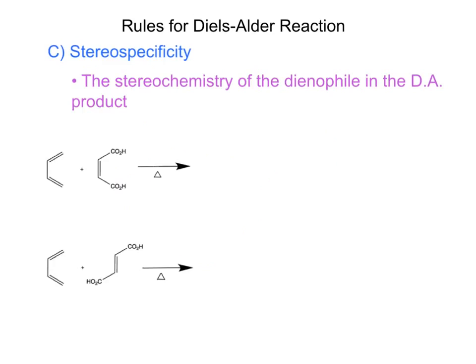Sometimes stereochemistry comes into play in Diels Alder reactions. In this first example here, the dienophile is in the Z alkene formation with both groups on the same side. While we'll go into this more later in the presentation, what happens when this reacts is there is stereochemistry with both groups coming out or going in.